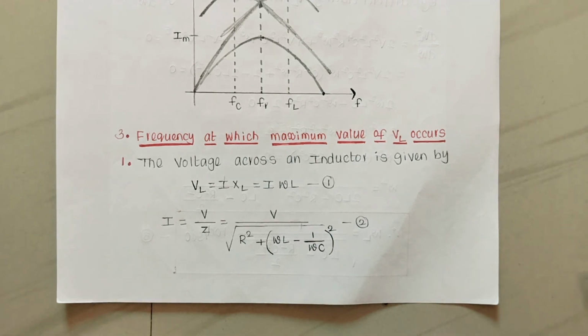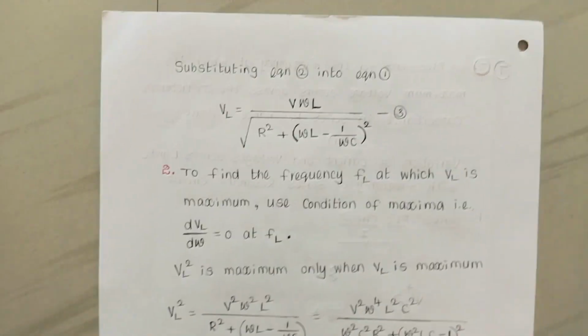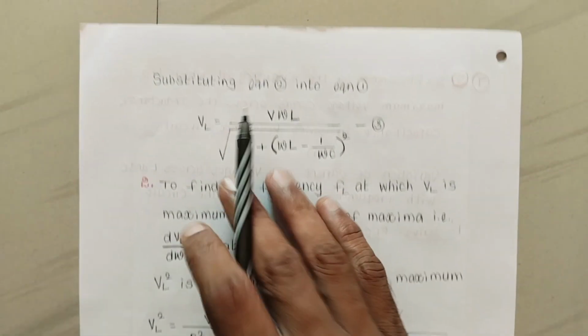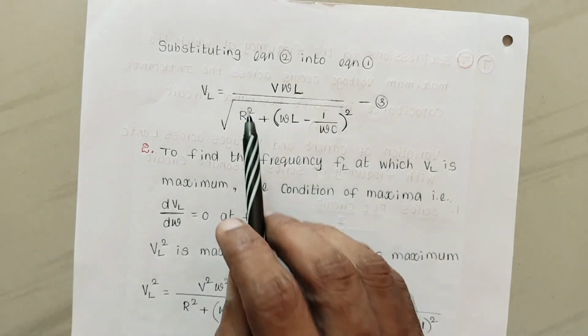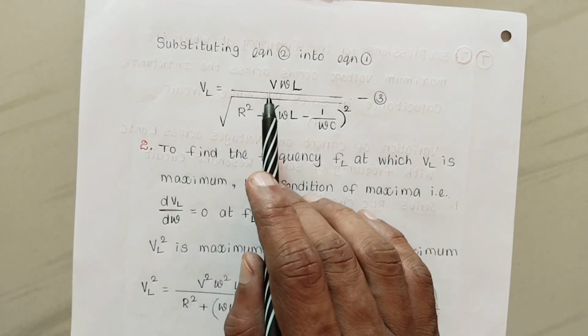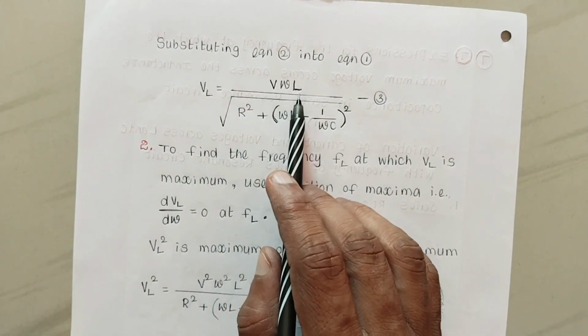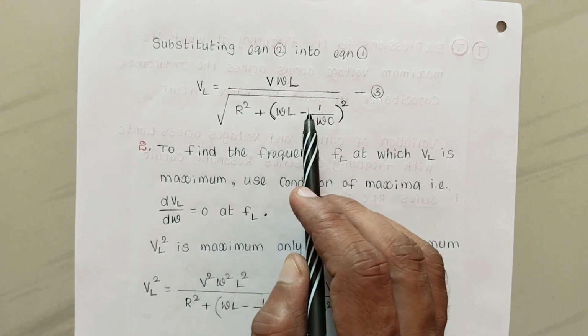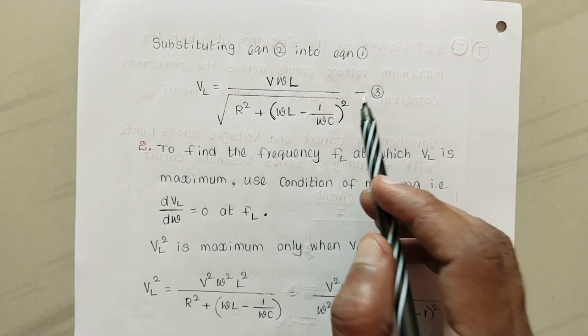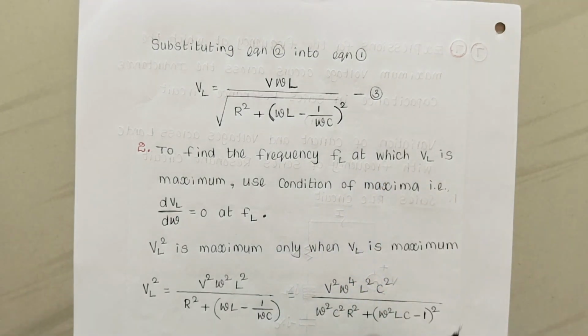Let it be equation 2. Now, substituting equation 2 into equation 1, we get VL equals V omega L by root of R square plus omega L minus 1 by omega C whole square. Let it be equation 3.